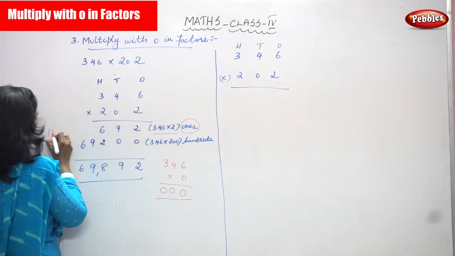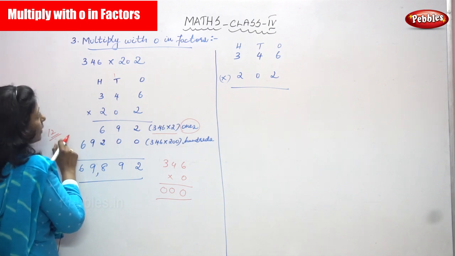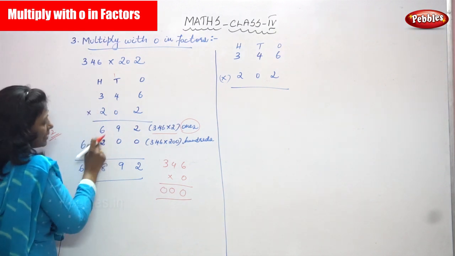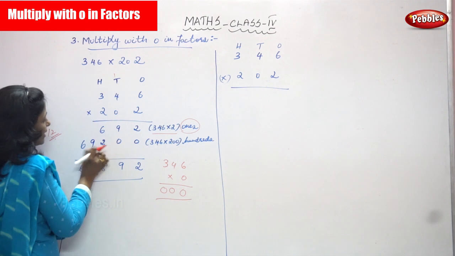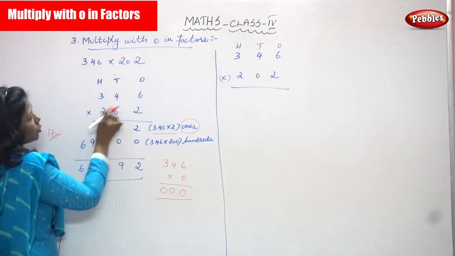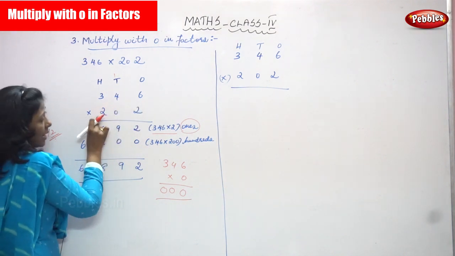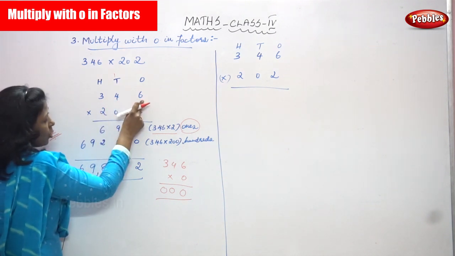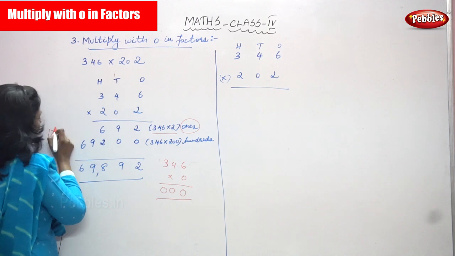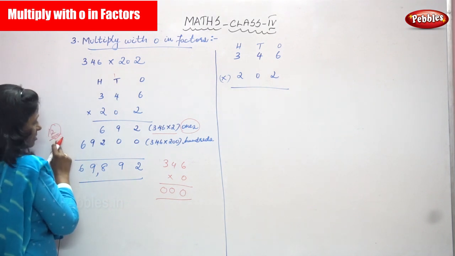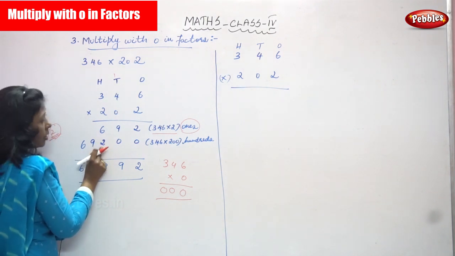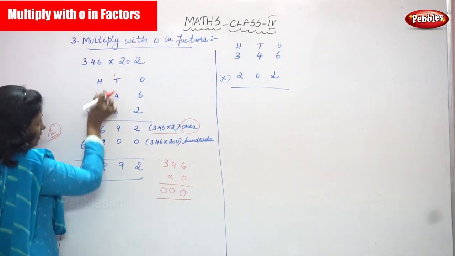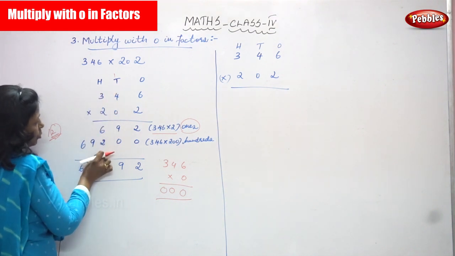This 12, you have to write only the 2, in the 100 place. 2 is the 100 place value and 6 is the ones place value. So this 2 you must write directly in the 100 place.